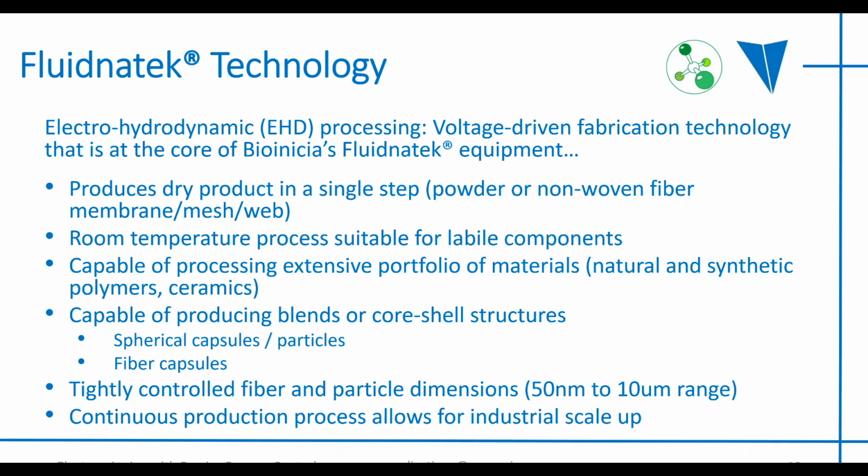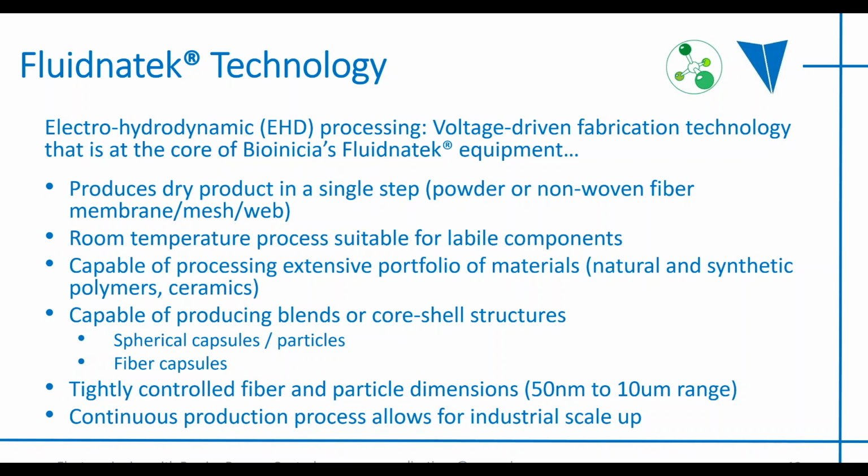And we can also, using this technology, produce a range of different complexities of the actual structure of the material. So we can create simple fibers and simple particles, or we can process through coaxial spinning heads to produce core shell structures, for example. And this is particularly interesting for encapsulation of functional materials.